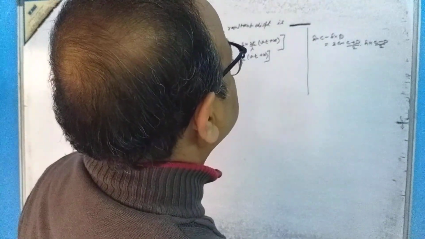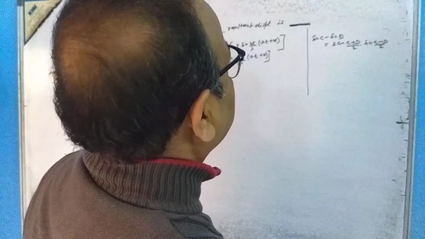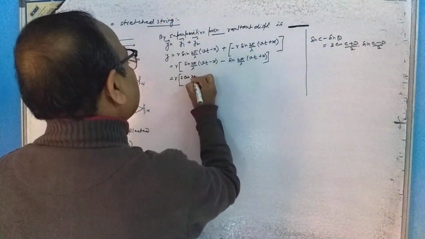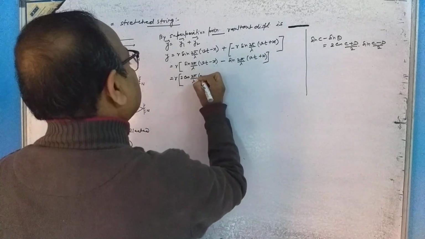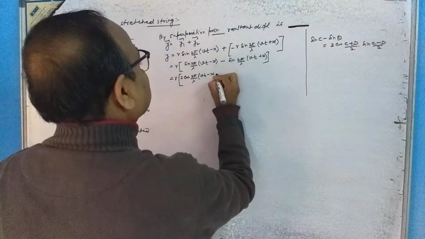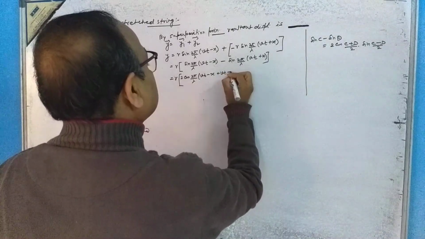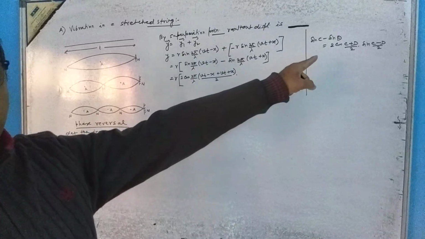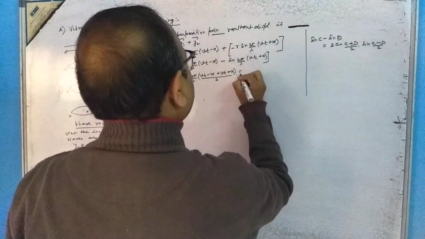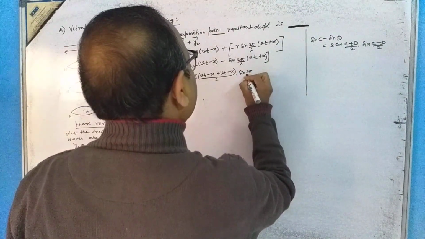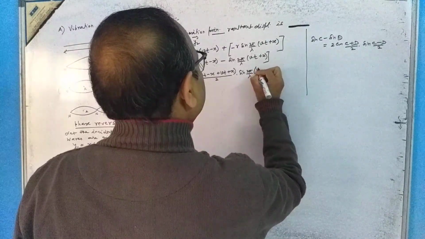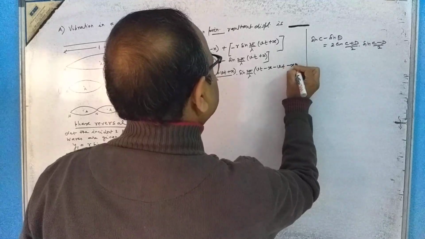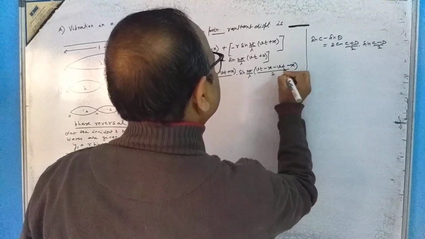So 2 cos twice pi by lambda, (Vt minus x plus Vt plus x) by 2, according to that formula, into sine twice pi by lambda, (Vt minus x minus Vt minus x) by 2.